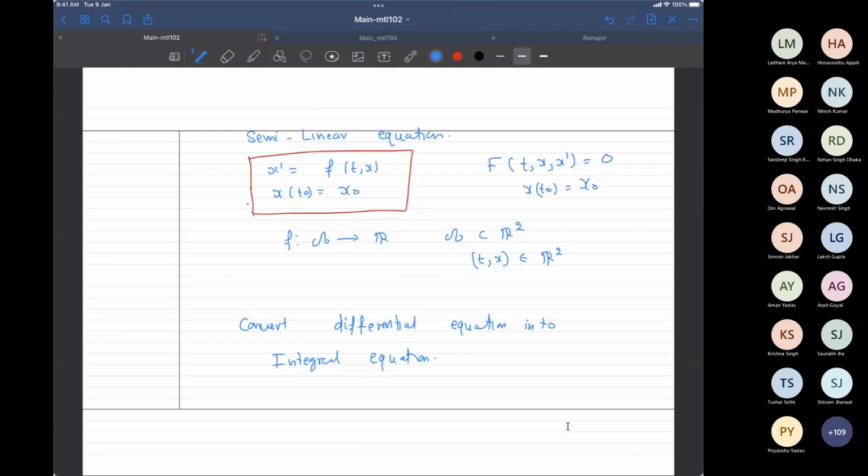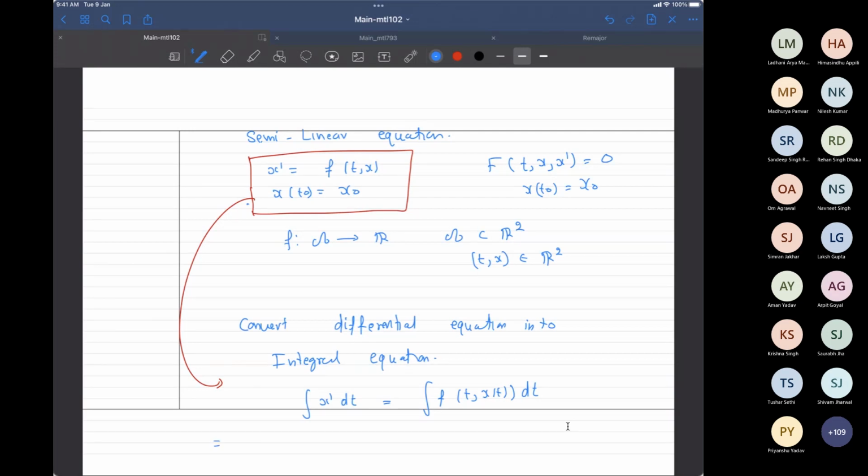Let's take this and integrate it. I don't know the integration as such, but let's assume that you can integrate it. So you get the integration of x prime dt is equal to f of t, x, which of course will be some function of t, dt.